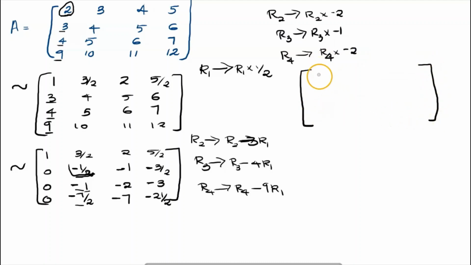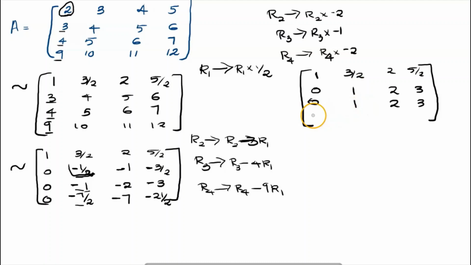So we get all integers in R2, R3 and R4. This is R1 and it has no change. So R2 into minus 2: 0, 1, 2, 3. R3 into minus 1: 0, 1, 2, 3. You can see that R2 and R3 are same, so these are linearly dependent.